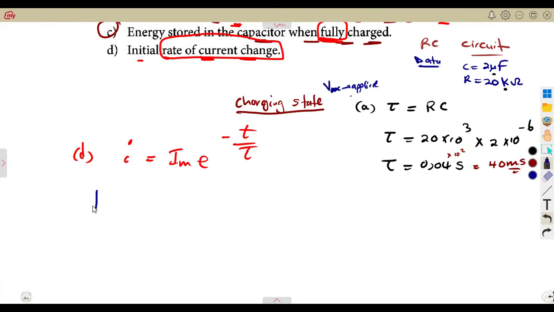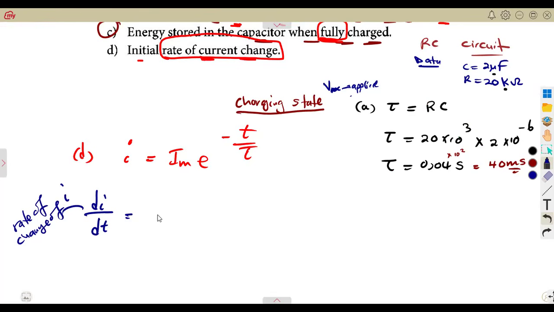So let's find that. The moment you, guys, this is where mathematics plays a role. The moment you differentiate current with respect to time, that's a rate of change that you're finding. That's the rate of change of current.